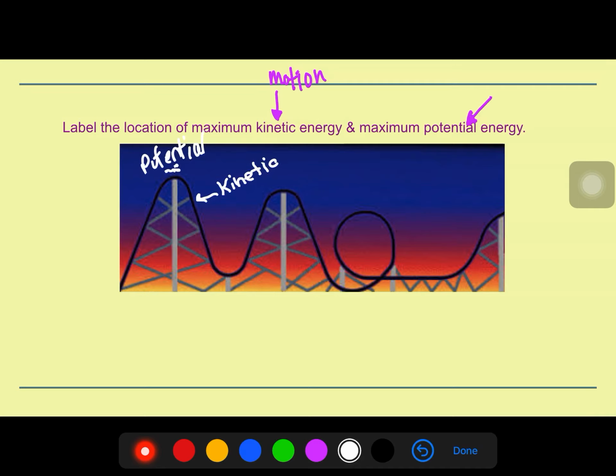Likewise, can you tell me somewhere in this roller coaster where there's an acceleration? Well, it slows down as it goes up a hill, right? It slows. It definitely speeds up when it goes down a hill.